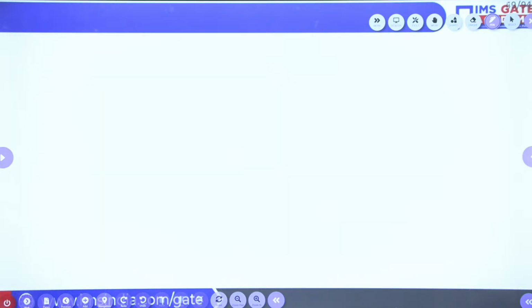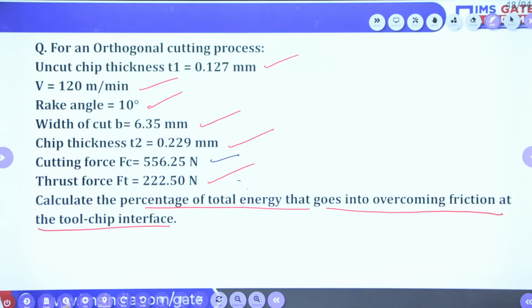Right. What are they asking you to calculate?